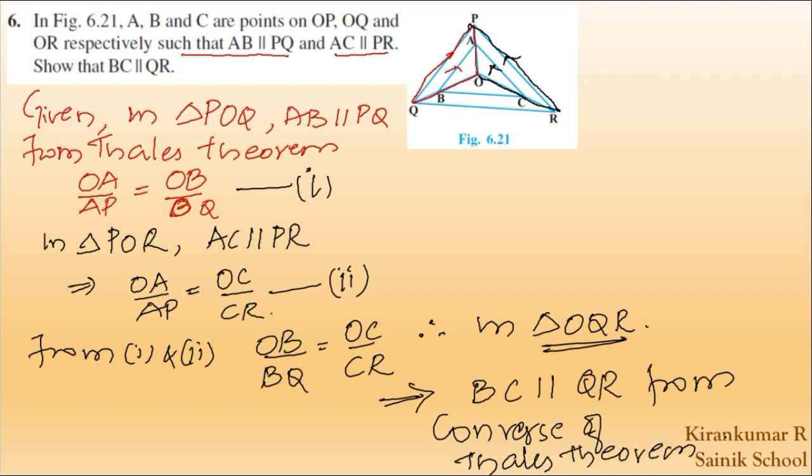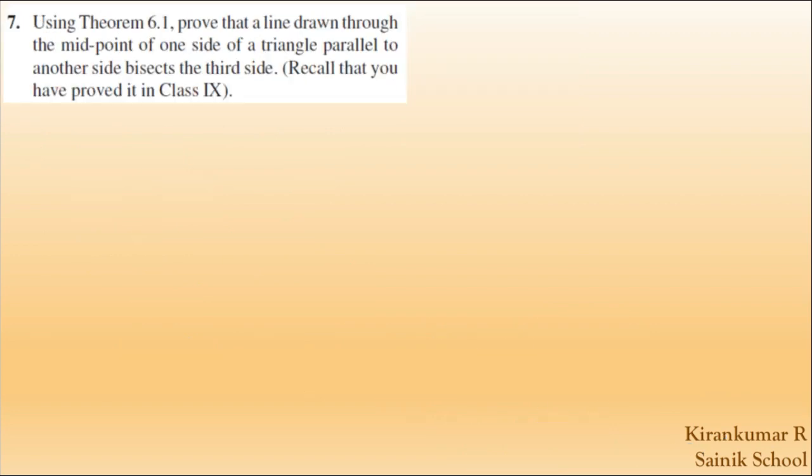So most of the questions are related to converse of Thales' theorem. Question number 7. Using theorem 6.1, this theorem 6.1 is nothing but Thales' theorem. So using Thales' theorem, prove that a line drawn through the midpoint of one side of a triangle parallel to another side bisects the third side.